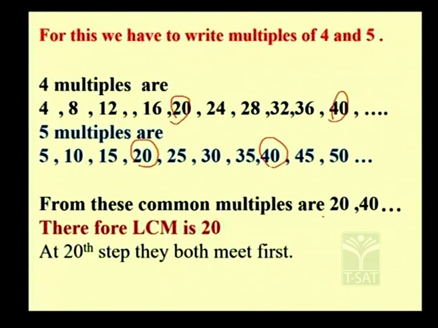Those are 20, 40, and so on. From this we can say 20 is the smallest. So, the least common multiple, LCM, of 4 and 5 is 20. Least common multiple, which is the least common multiple. So, this is LCM. So, at the 20th step, Sonu and Kaushik both meet first.